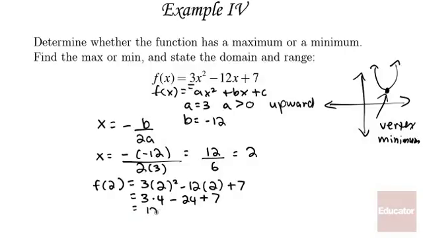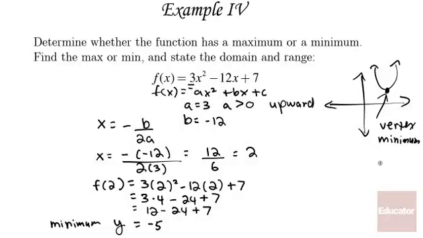So this is 12 minus 24 plus 7. So that's going to give me negative 12 plus 7, which is negative 5. Okay. Therefore, the minimum value is going to be y equals negative 5. So this is my minimum.